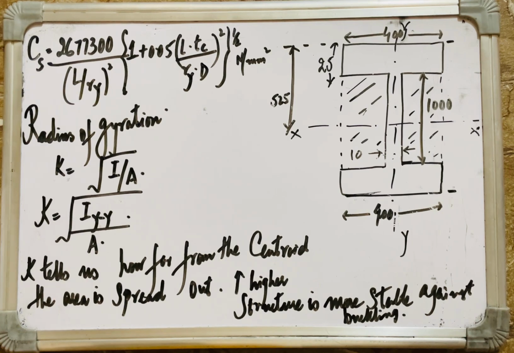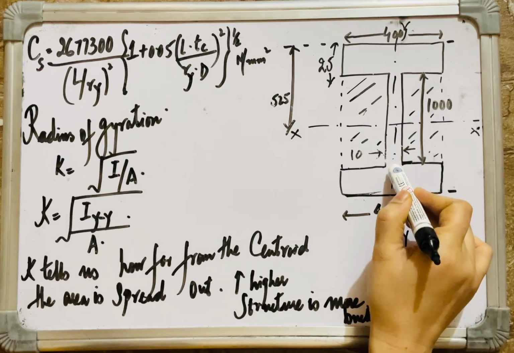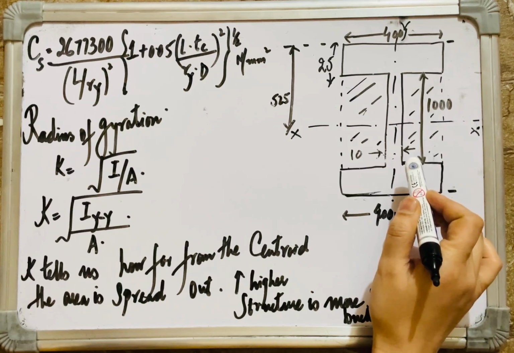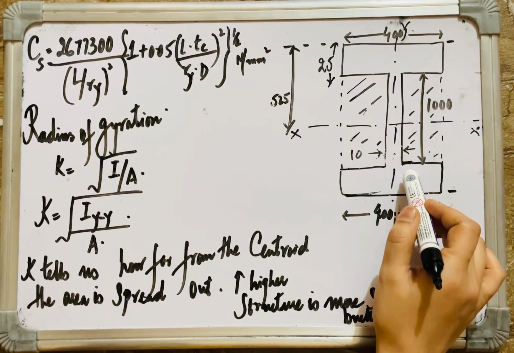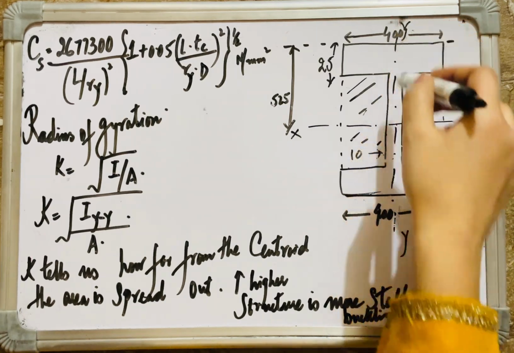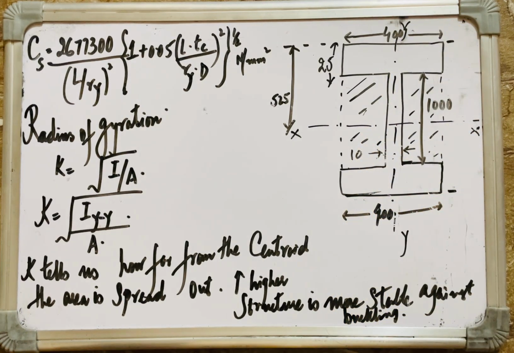So the first step to calculate the elastic critical stress is to calculate my radius of gyration. I'll be calculating the radius of gyration about the y axis because I am analyzing the trial section of the plate girder for its rotation or bending, the stability analysis about this particular axis, the y axis.